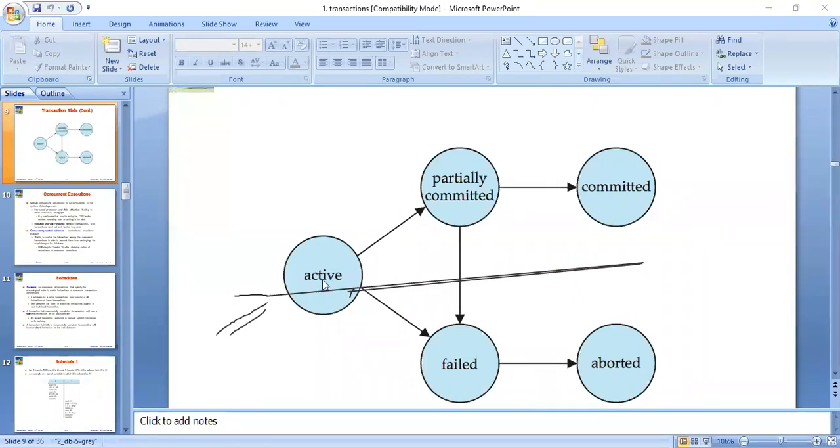Whenever the transaction is active, it may go to the partially committed state. After that, it may be committed, or from the partially committed state it may fail. After failing, it will be aborted. Or from the active state itself, it may fail and be aborted. Like this, the transaction states will be there.